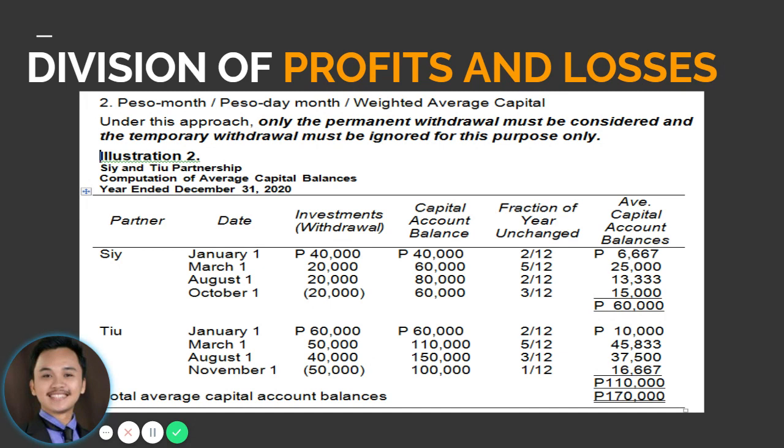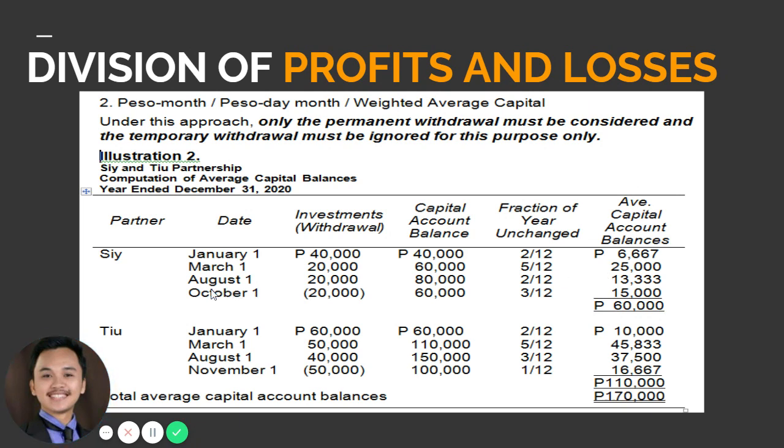From March, April, May, June, July, there are 5 months where your capital account balance of 60,000 did not change. Therefore, the numerator you use here is 5. So 5 over 12 times 60,000, you have 25,000.